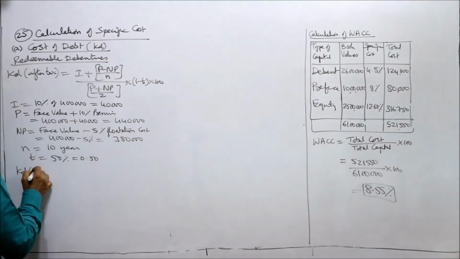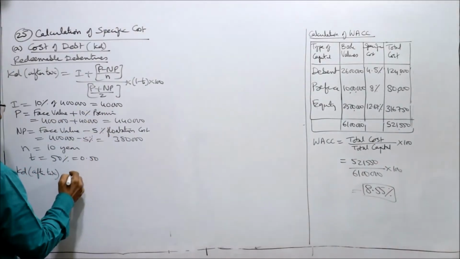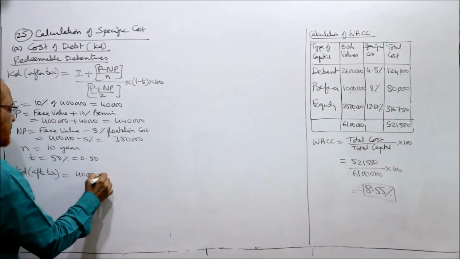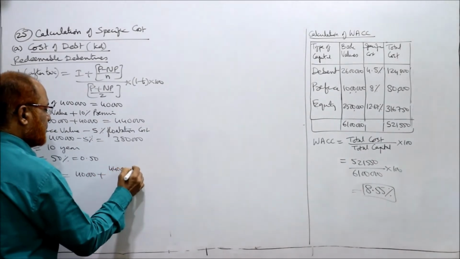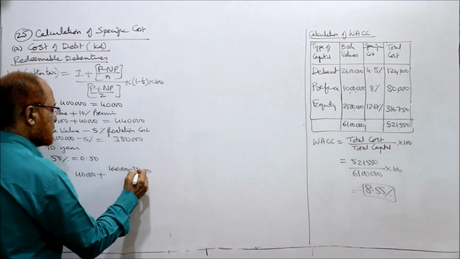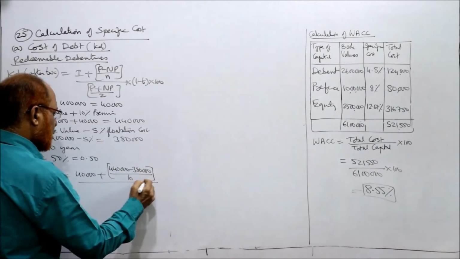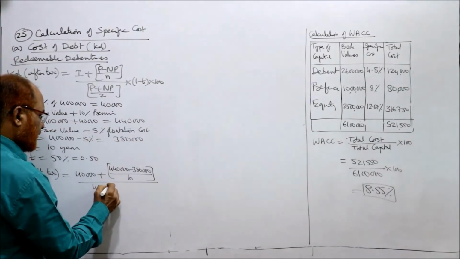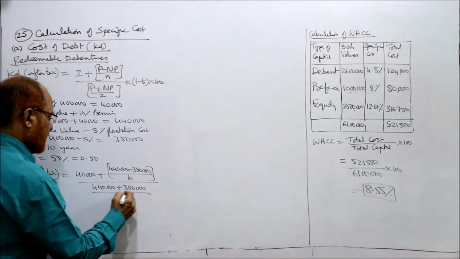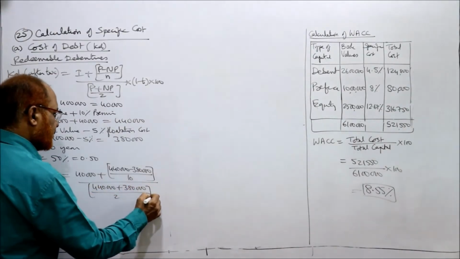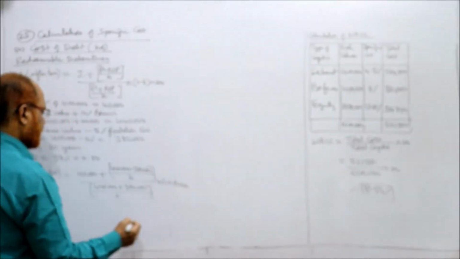Now KD after tax is equal to interest, which is 40,000, plus P, 4 lakh 40,000 minus 3 lakh 80,000 divided by 10, whole divided by 4 lakh 40,000 plus 3 lakh 80,000 divided by 2, into 1 minus 0.5, into 100.